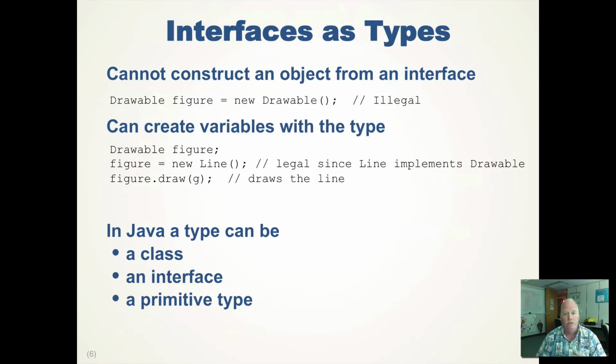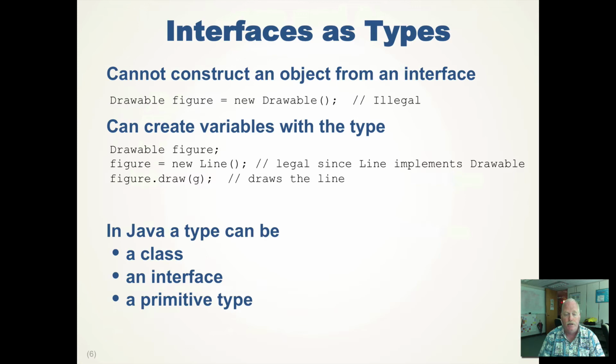So we can create variables with the type of Drawable, or the type of an interface, because we know what methods are legal on that variable. Now we can't instantiate the interface, so we can't call new on the interface, because there are no bodies, there are no instructions for how to execute those methods.